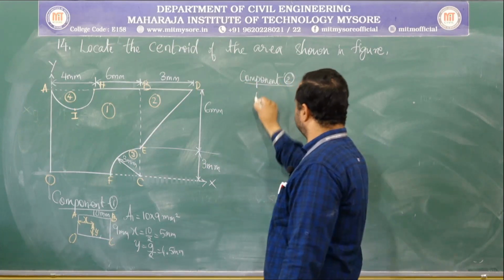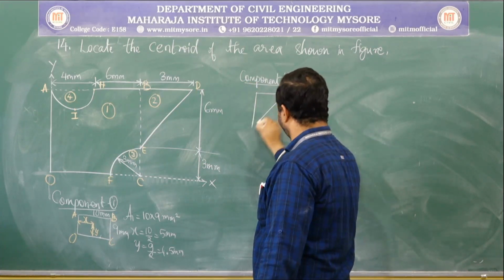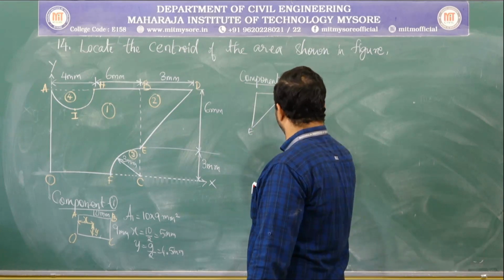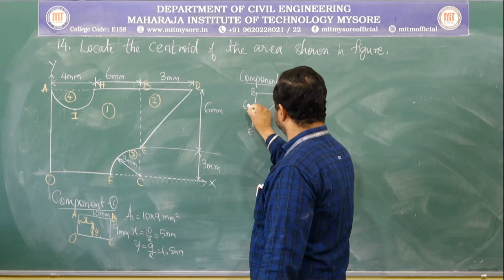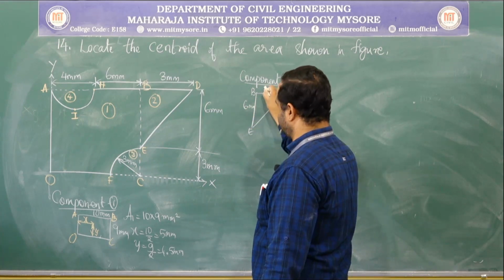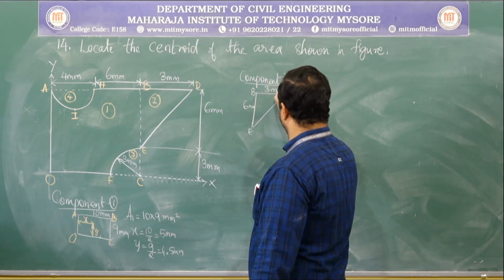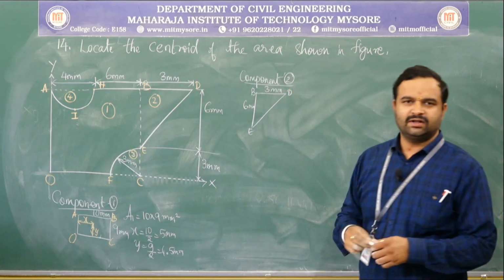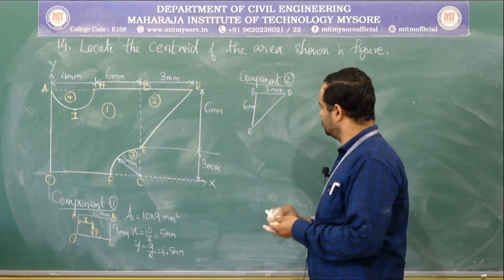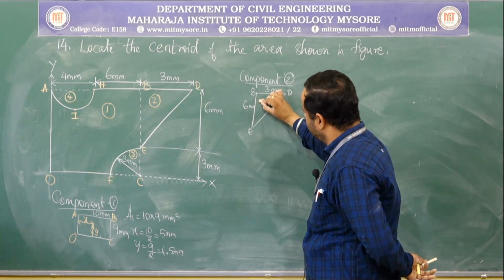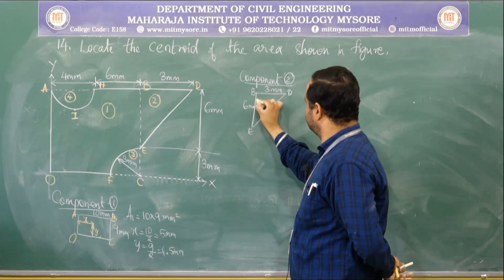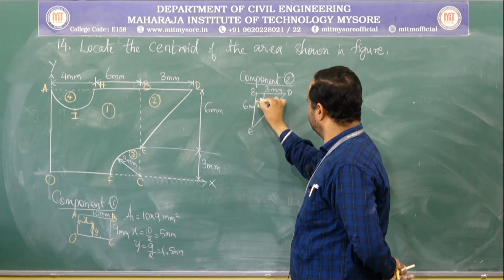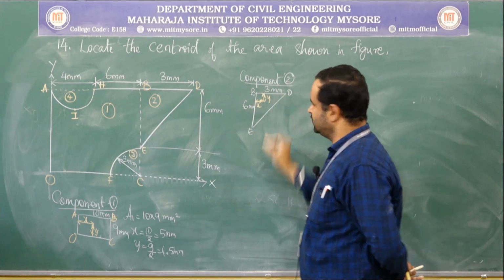Component 2 is triangle EDB. This is 6 mm and this is 3 mm. So, where does the center of this triangle lie? So, this is at this point, and this will be its x component and this will be its y component.